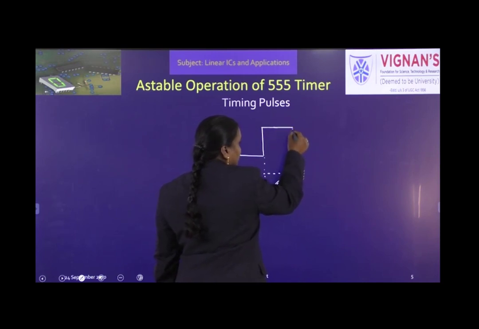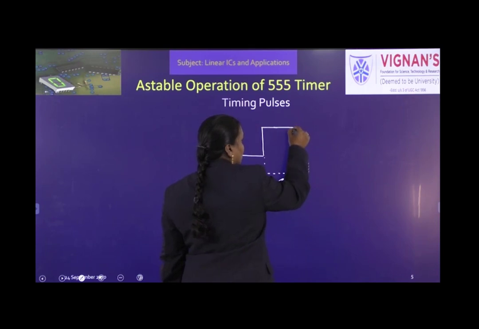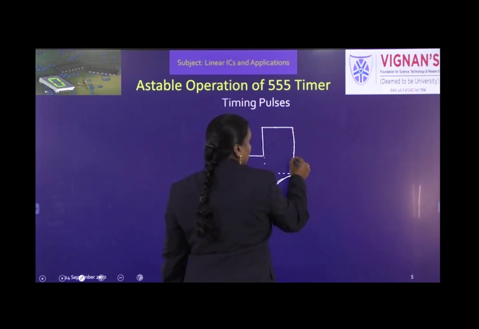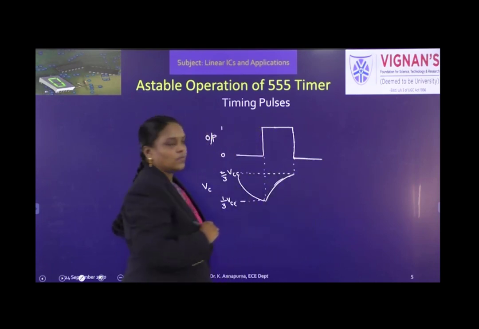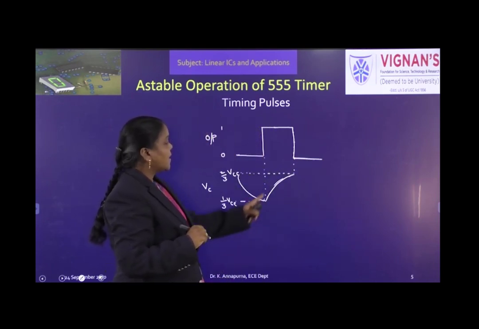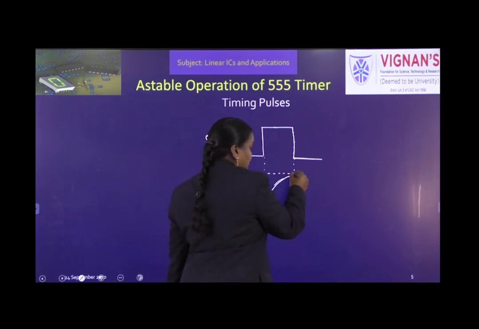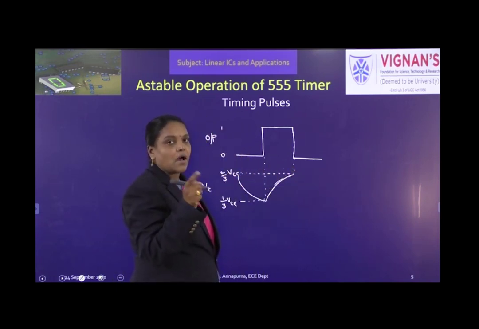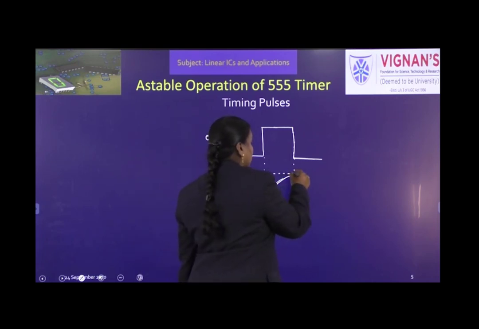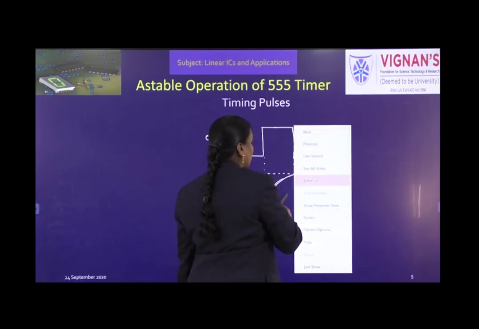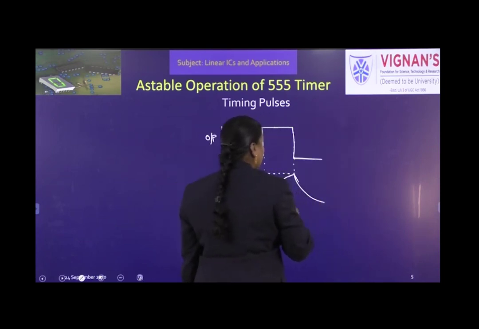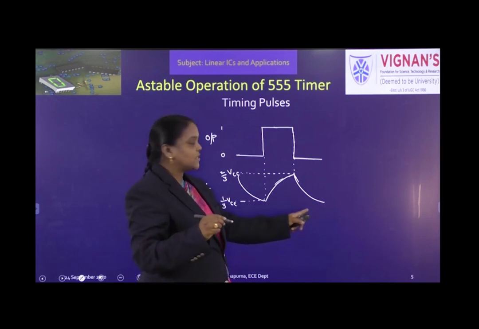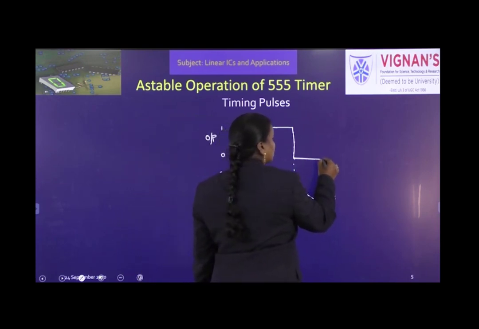Whenever the capacitor voltage just exceeds 2/3 VCC, the output changes to low. Again the capacitor starts discharging because the Q1 transistor will be in on condition, aiming to discharge up to 0. But whenever the capacitor voltage just falls below 1/3 VCC, the output again changes to logic high.